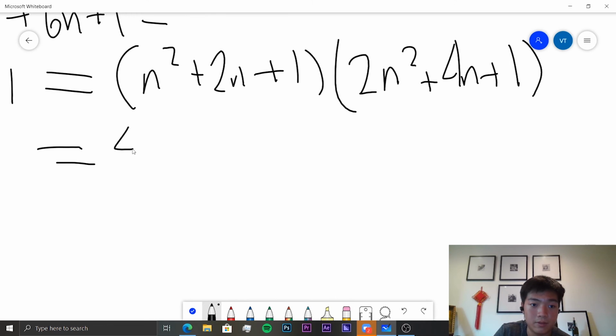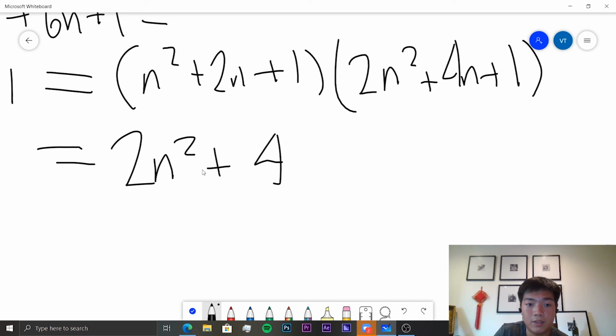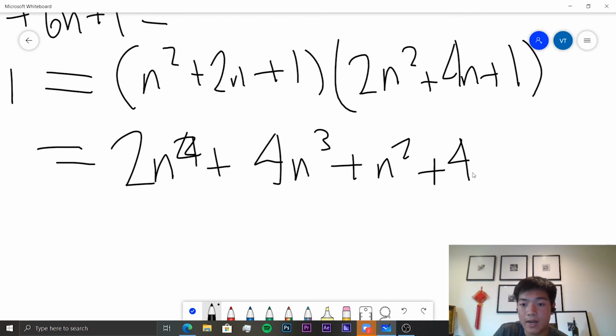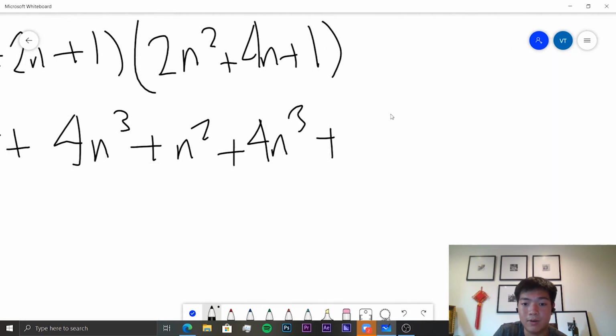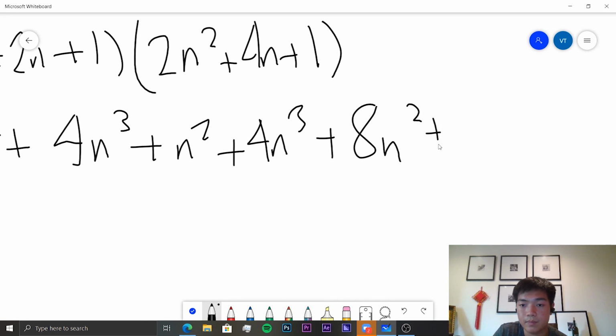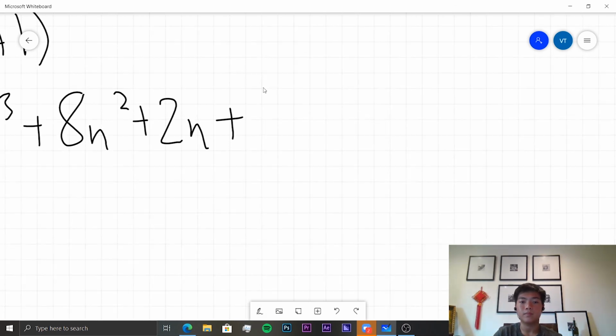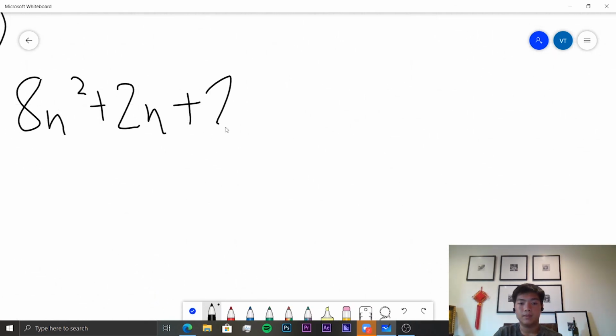It's equal to 2n to the 4 plus 4n cubed plus n squared plus 4n cubed plus 8n squared plus 2n plus 2n squared plus 4n plus 1.